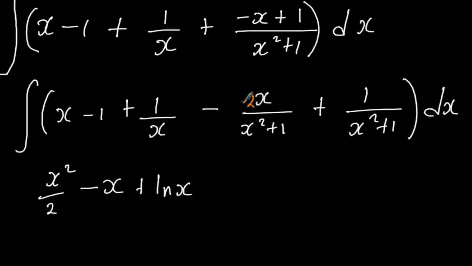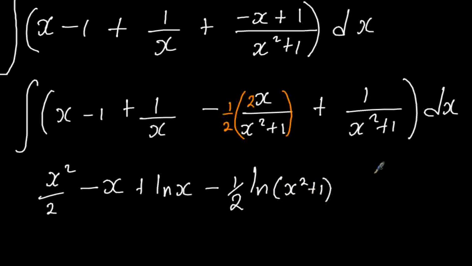So if I give a 2 here and I multiply by a half, I'll have got the natural logarithm, that will be minus a half ln of the denominator. Then the integral of this is the tan inverse of x, then plus c.